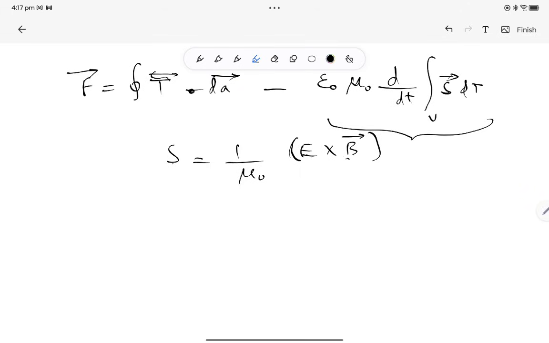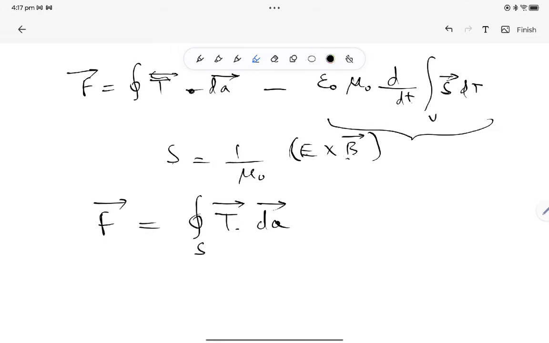Under these conditions, known as static conditions, we can write F is equal to the integral of T dA over S. Now here, this equation provides us with the physical meaning of T, Maxwell's stress tensor.